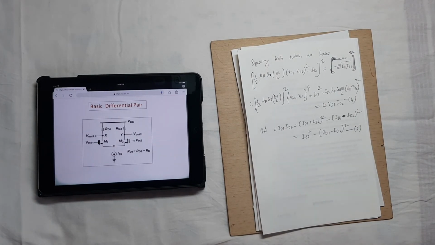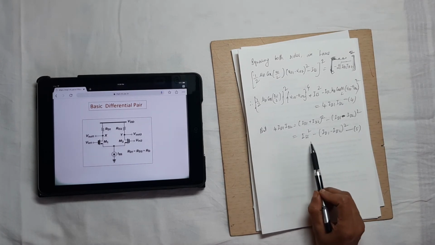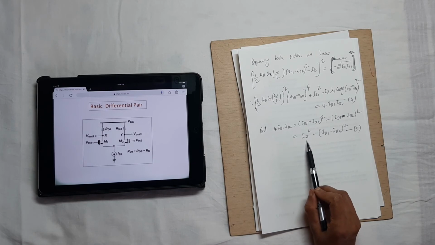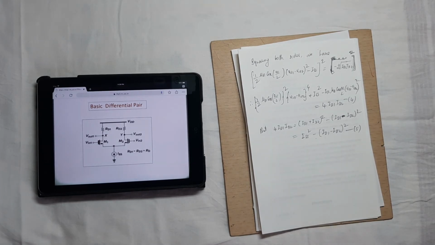Now, we put this 4 times id1 id2 as the expression which we have arrived at now, which is ISS square minus (id1 minus id2) whole bracket square.